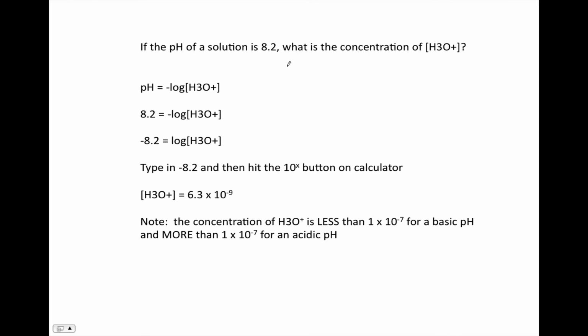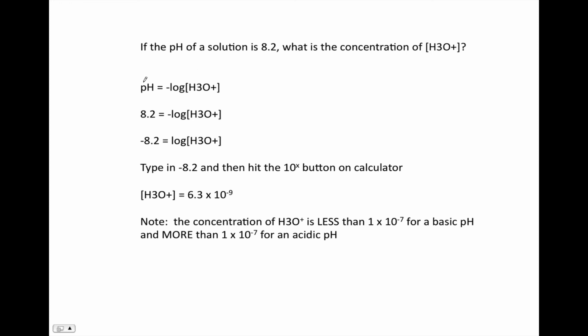But what about going the other way? You could be given the pH of the solution and asked to calculate the concentration of H3O+. If the pH is above 7, then the concentration of H3O+ is going to be less than 1 times 10 to the negative 7th, because this pH means that OH- is greater than the concentration of H3O+.